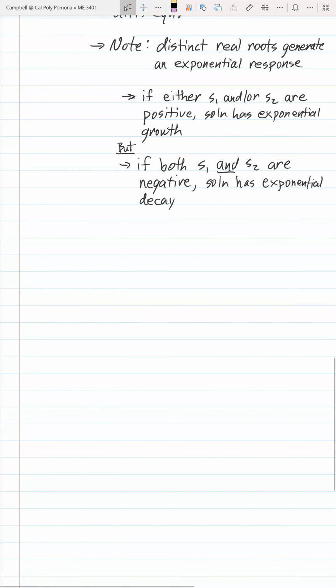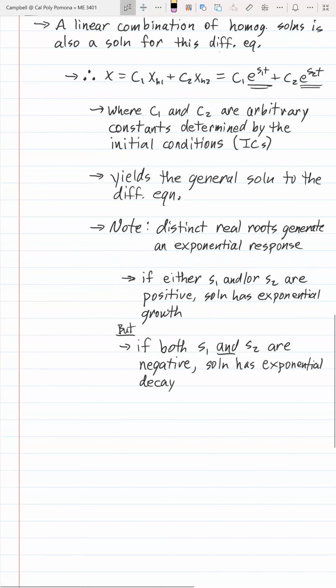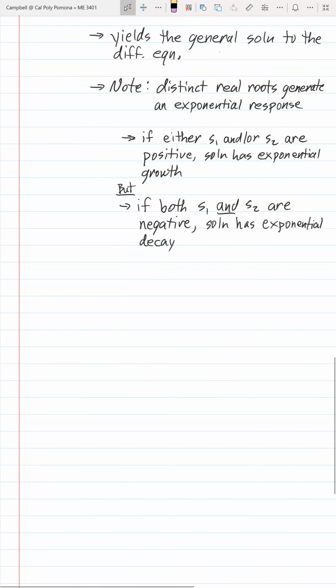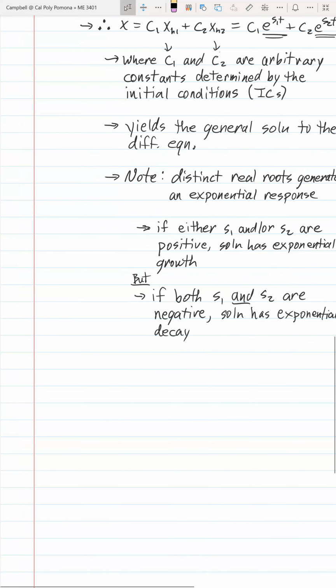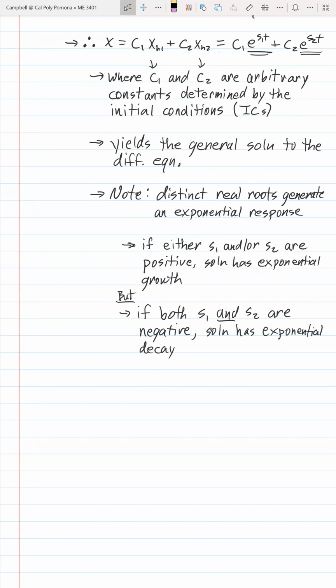Now, one point that I want to make is about these constants, C1 and C2. You might be thinking, well, that's nice that there are two constants, but I want you to understand that it is an absolute necessity that we have these two constants.